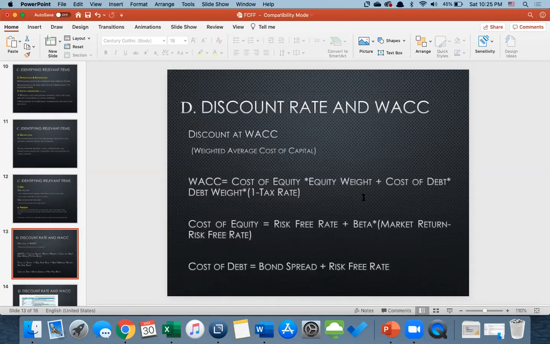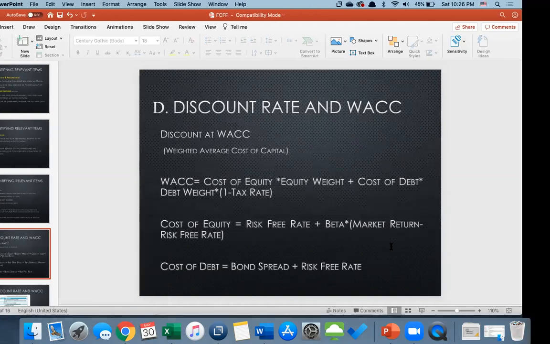For the discount rate, in this model we use the WACC as the discount rate. WACC is the weighted average cost of capital. The way we calculate WACC is the cost of equity times equity weight plus the cost of debt times debt weight, then times 1 minus tax rate.